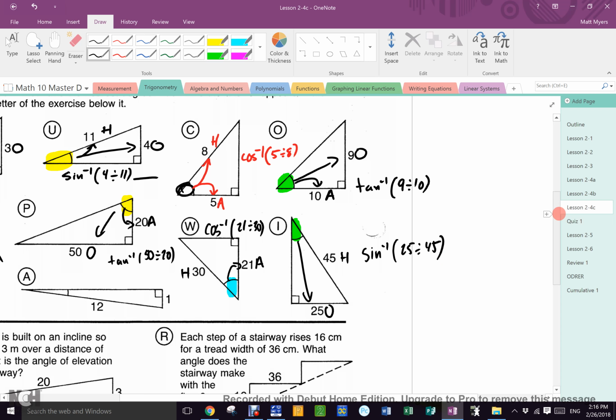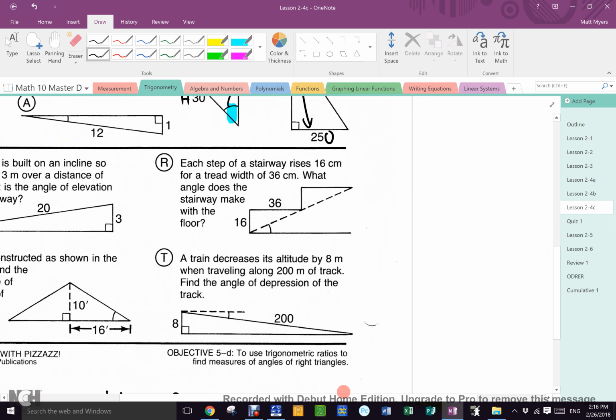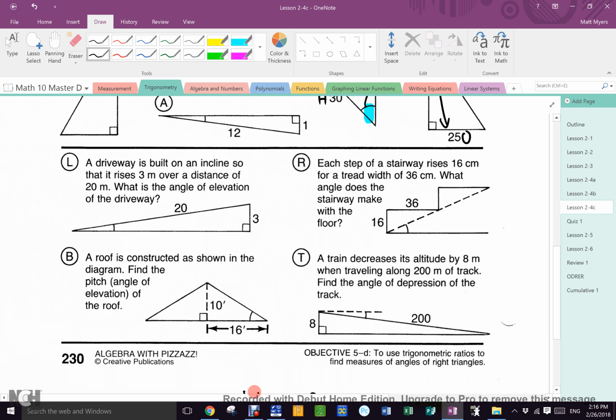Now, this page does get a little bit tricky with L, B, R, and T. Driveway is built on an incline, so it rises 3 meters over a distance of 20 meters. A lot of you guys read this question wrong, because when you hear rise, you automatically want to work with rise and this distance.